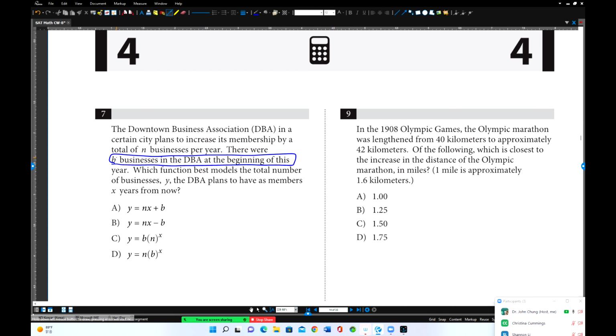Y-intercept B. So where is it? Only this is the y-intercept B. So you can choose A directly, okay? Because you have n businesses per year, right? That's the slope. Per year is what? 1 year, okay? 1 year. They have what? N businesses, okay? That's the slope. That's why choice A is the answer, okay?